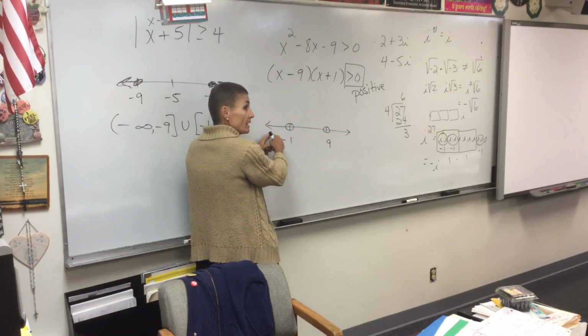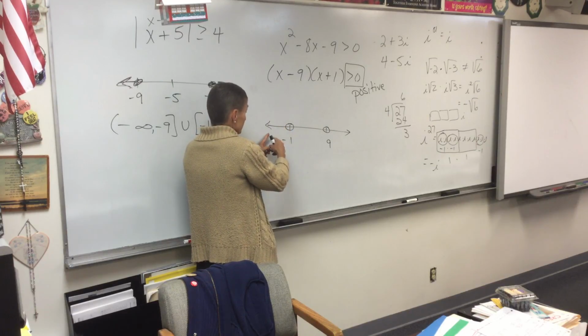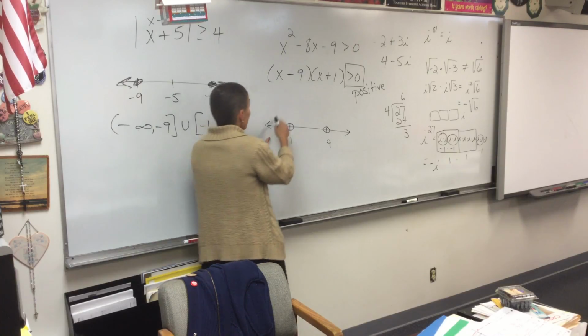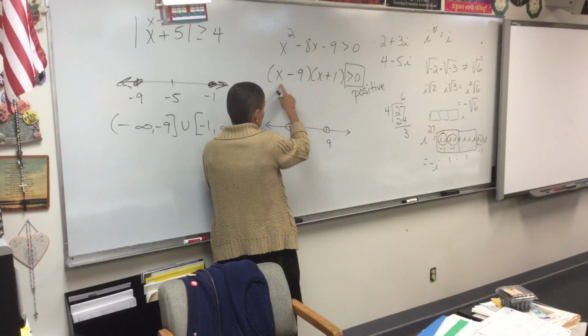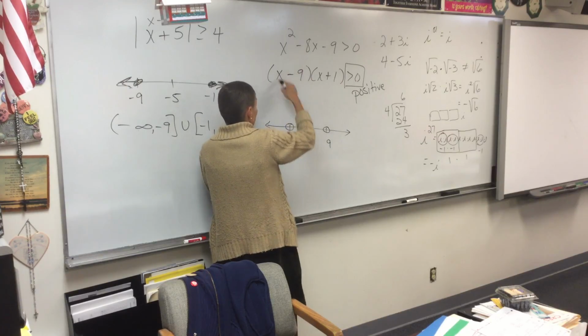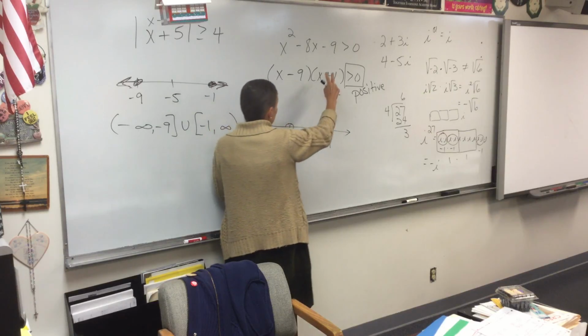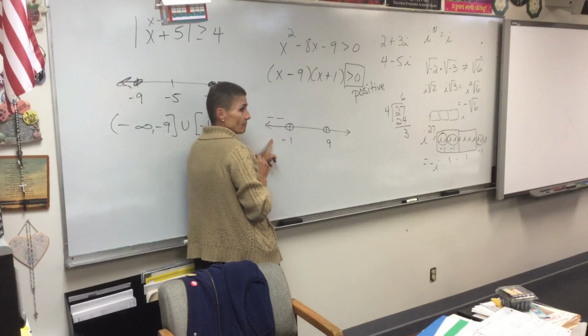So I'm going to pick a number over here, like -2, and I'm going to put it in and see what happens. If I put in -2, this parentheses would be a negative number, and this parentheses would be a negative number.